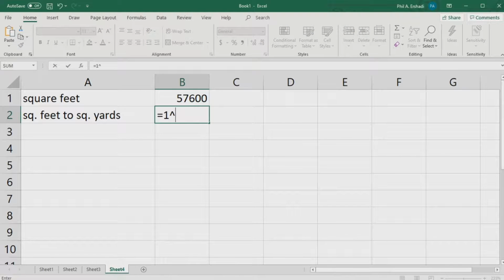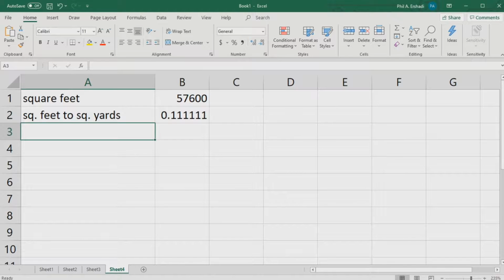We'll press shift 6 for the exponent symbol, and we'll say 2 afterwards to say 1 raised to the second power. Press slash to divide, and now say 3, shift 6 again to get the exponent symbol, again to the second power. This gives us 1 squared over 3 squared. This gives us our conversion factor.